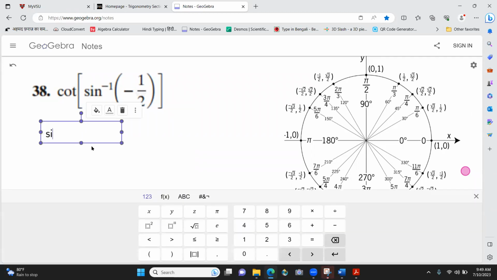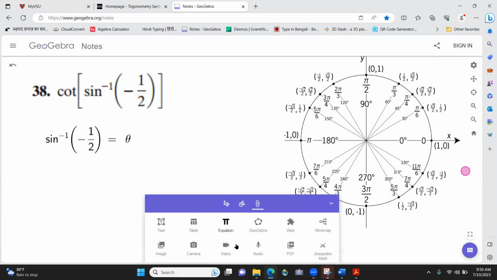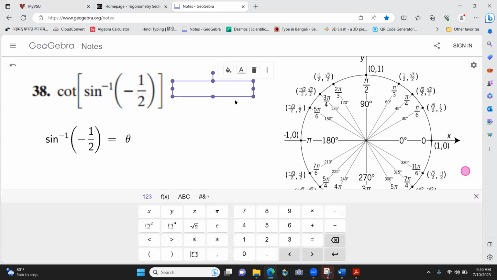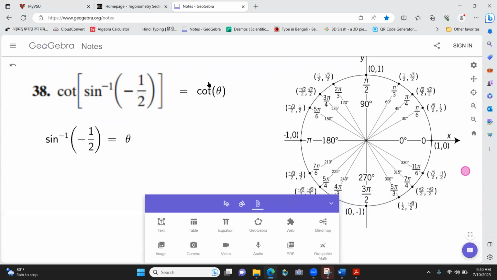So sine inverse of negative half will be defined as theta. That will make my question cotangent theta. Simple enough. If I know what theta is, I have to find cotangent of theta. I'll be in good shape.